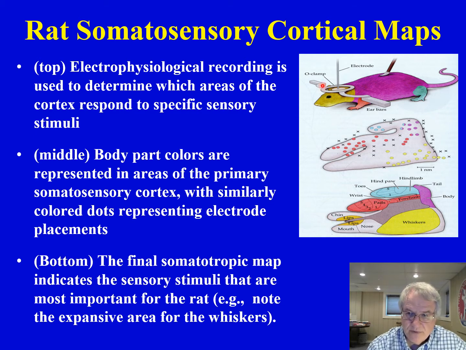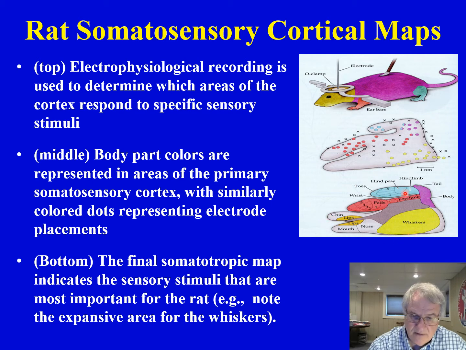So if we were to stimulate this part of the rat's body, or this area, or this area, or this area, and then record from the brain, we can generate these maps of where that information is being mediated. So different body part colors are represented in areas of the primary somatosensory cortex. Again, those similarly colored dots represent electrode placements.